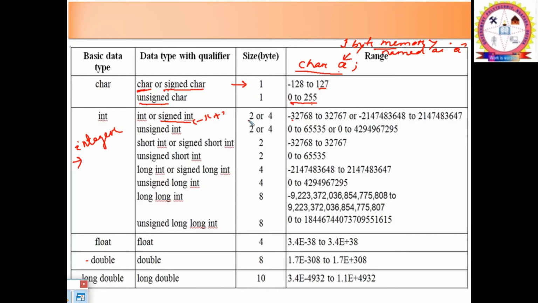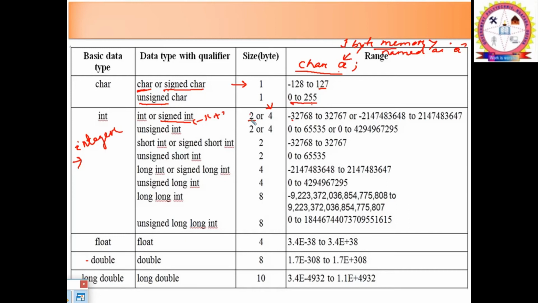In the previous ANSI compiler or 32-bit compiler, the size it occupies in memory is 2 bytes, and in the latest modern compiler, the C18 standard compiler, the size of int is defined as 4 bytes. Earlier in ANSI the size of int is 2 bytes, now in the modern compiler it is 4 bytes.